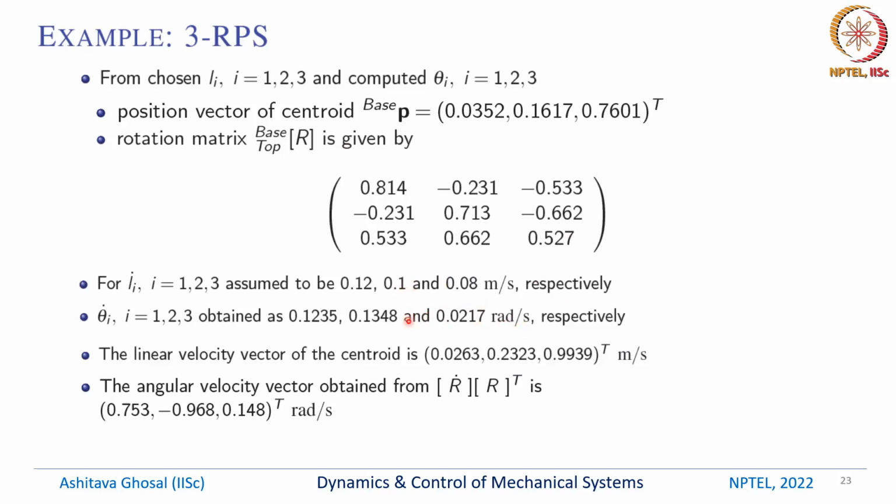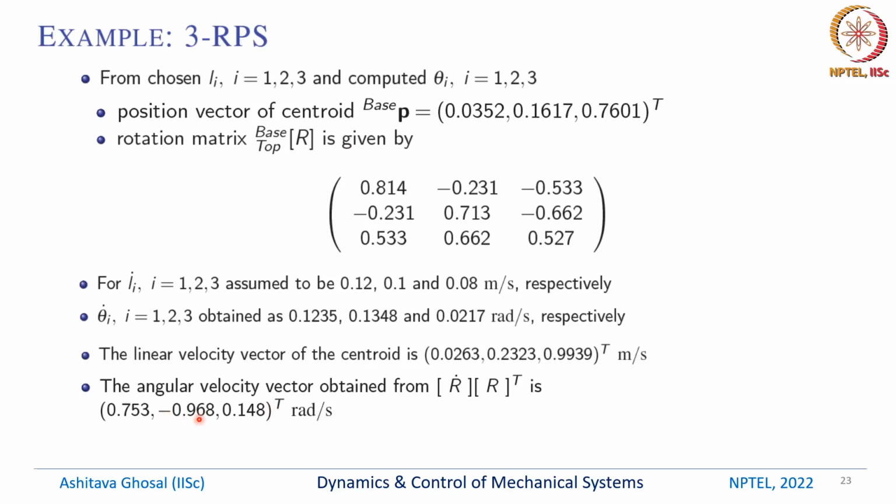Once I have these values for the L dots and theta dots, the linear velocity vector of the centroid, which will contain L dot, theta dot, and also L and theta, can be obtained, and we can substitute, and we will get 0.0263, 0.2323, and 0.9939 meters per second.